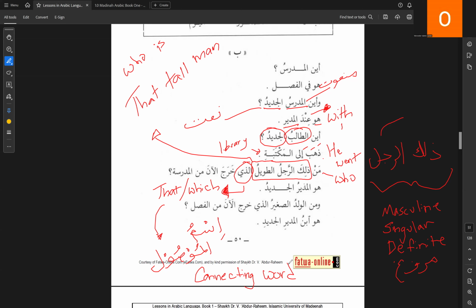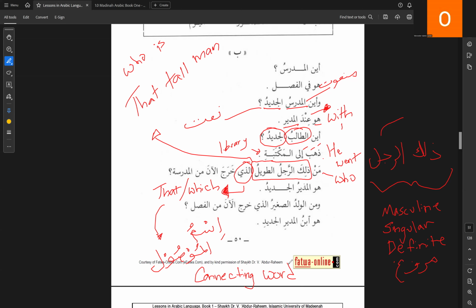Alladhi is going to be one of four that we learn. But this word also has singular versions, dual versions, and plural versions, and then masculine versions and feminine versions.